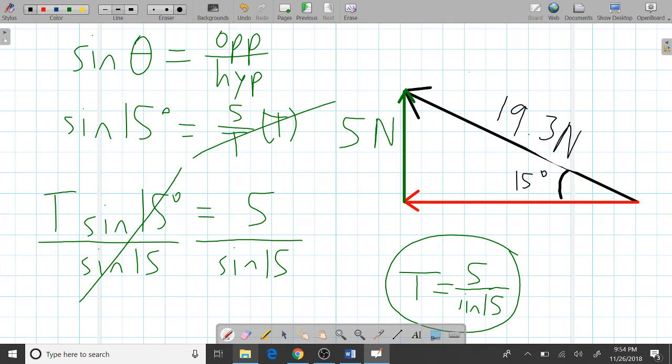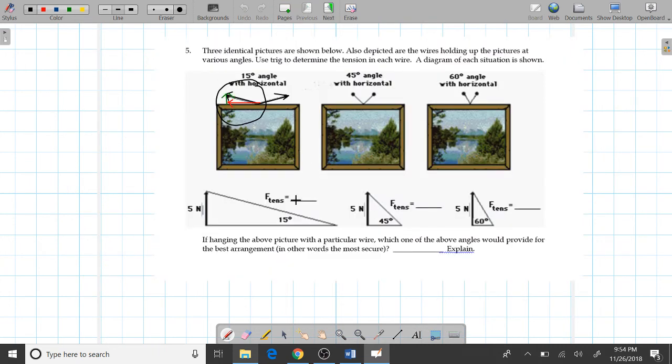So that's the value of tension in that wire, and I can label this force 19.3 newtons. 19.3 newtons represents the tension in this wire and also this wire, because of symmetry, those tension forces have to be the same.